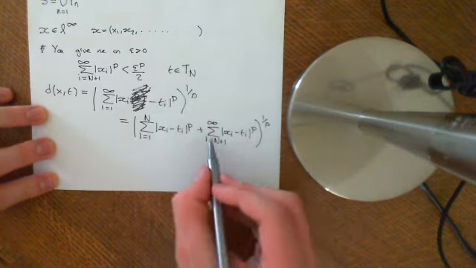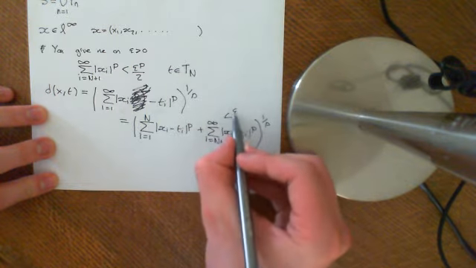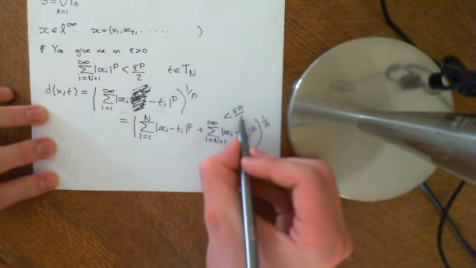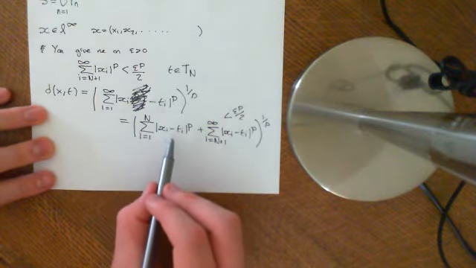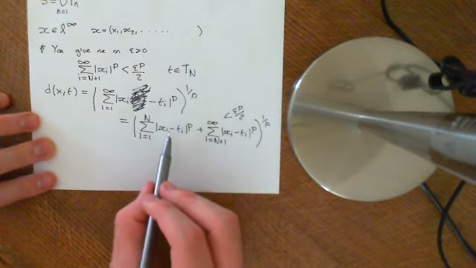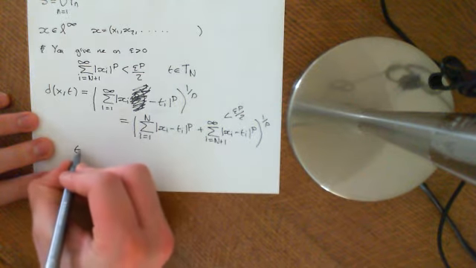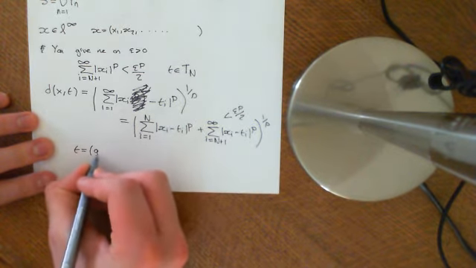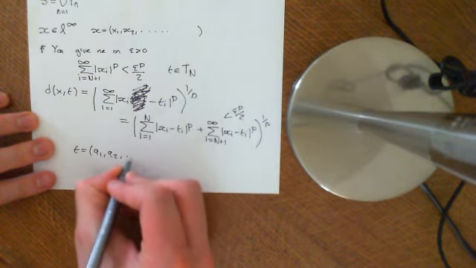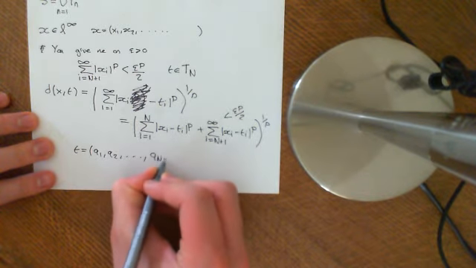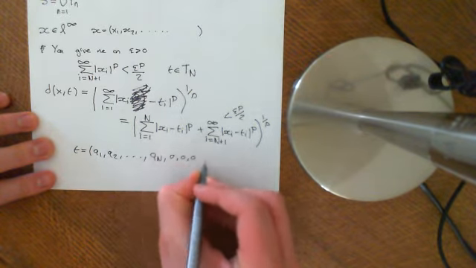And basically we've now said this is bounded by epsilon over 2 to the power of p, and exactly the same argument as in the real case holds here. I can find you Gaussian numbers. This sequence t is some sequence q1, q2 all the way up to q big N, and then 0, 0, 0, 0 afterwards.